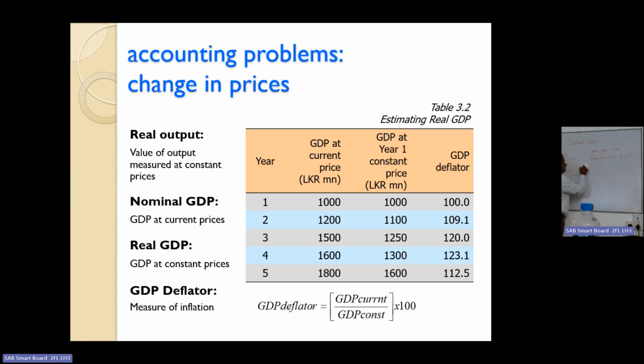Our GDP. The current year is, let's say, 2023, right? How do we value the 2023 output?